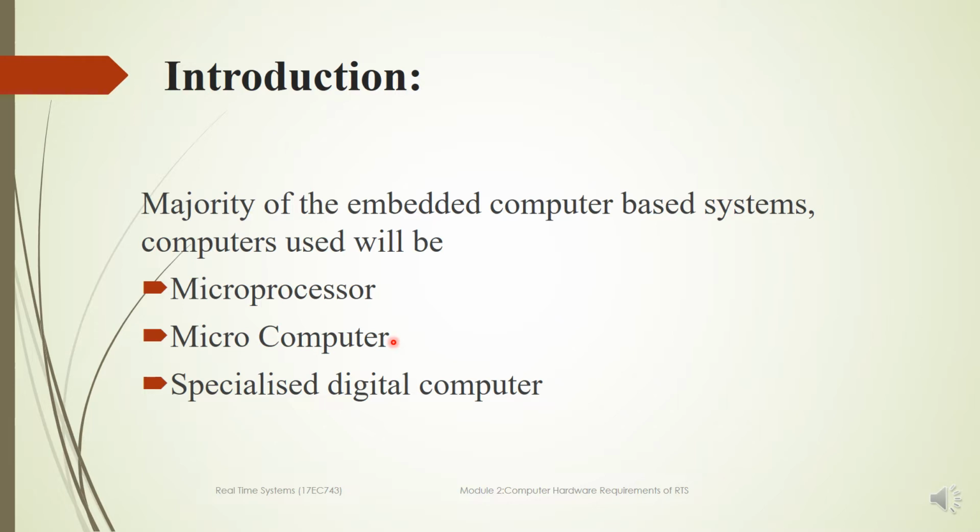What do you mean by specialized digital computer? We also have this category that includes fast DSPs. DSP, we know, is a specialized microprocessor chip which is usually used to measure, filter or sometimes compress data from continuous real world analog signals.